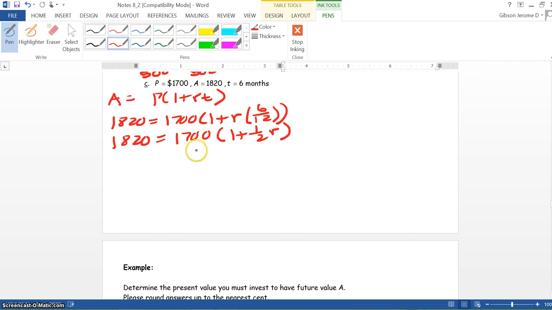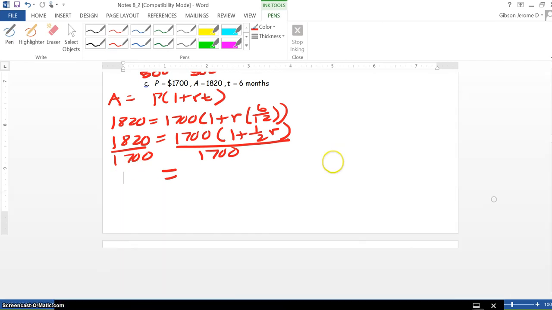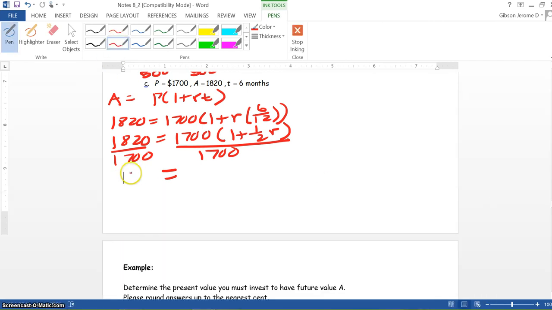Now our next step, we will divide each side by 1,700. Now we could divide both of these here by 20. And that would give us 91 over 85. And that would equal to 1 plus 1/2 R. Now, what we need to do is subtract 1 on both sides.